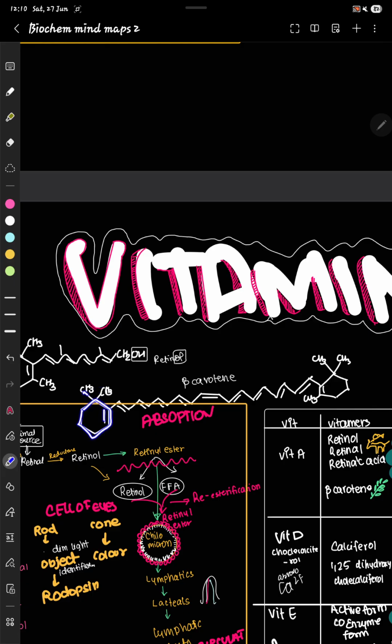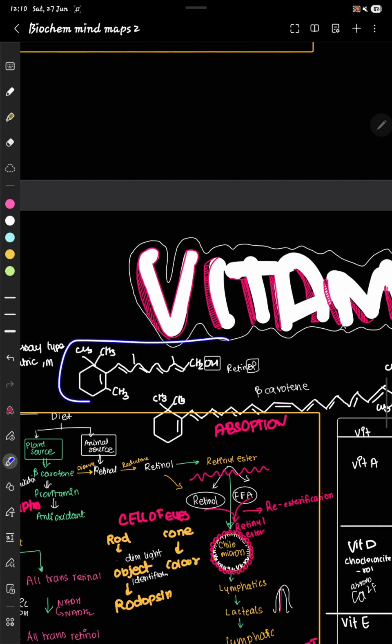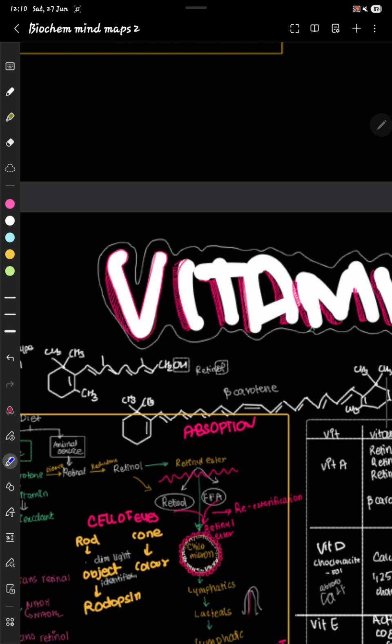You have a hexane ring with methyl groups here, and beta carotene is formed if you take two retinols together and remove H2O from them. The dioxygenase enzyme will form retinal by cleaving this double bond and adding the respective groups.